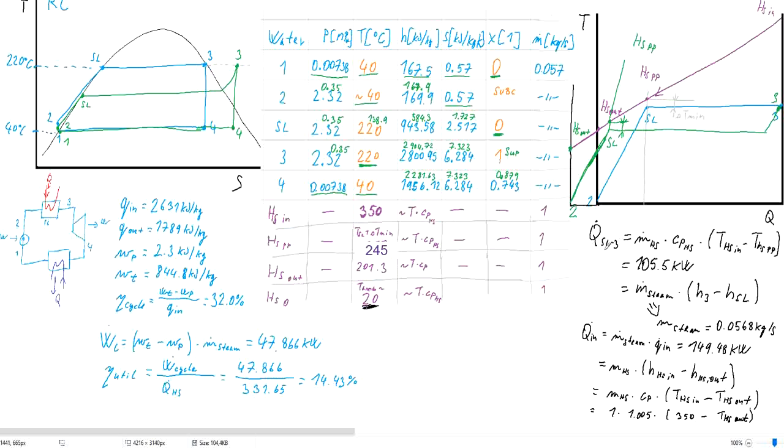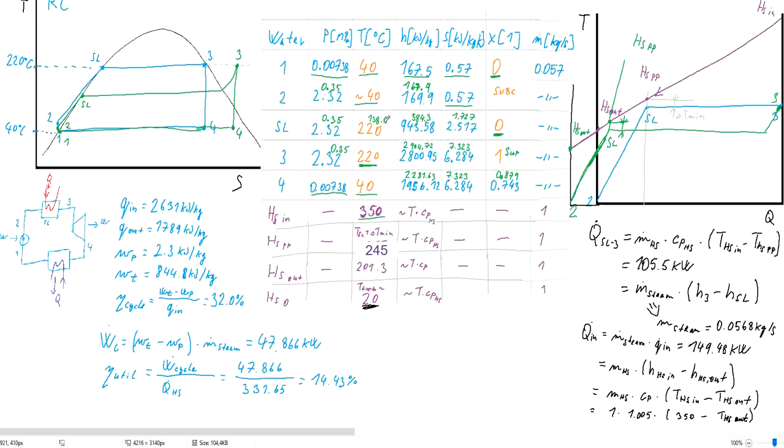So the heat transfer between point 3 and saturated liquid will be mass flow rate of the heat source, Cp heat source, difference in temperature heat source in minus temperature heat source pinch point. Heat source in stayed the same, temperature heat source pinch point.